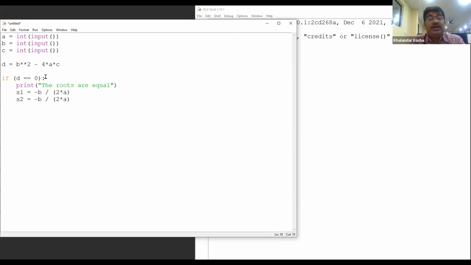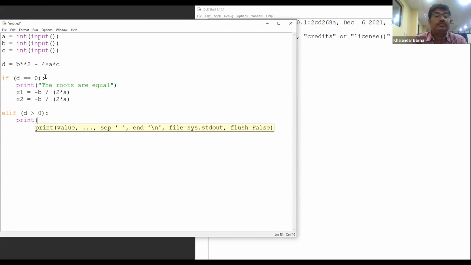Next, suppose d is non-zero. Then we will write one more else statement: if d is greater than 0. Whenever d is greater than 0, we are going to get two roots. That we will print: the roots are unequal.